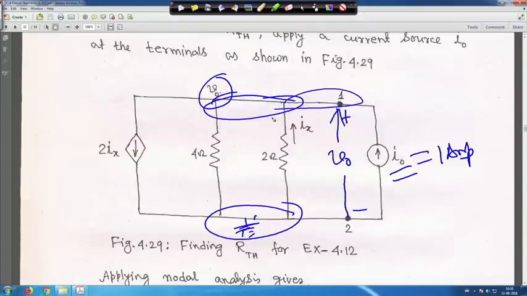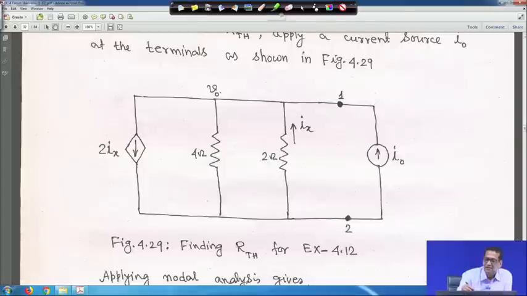Therefore you apply KCL. For example, the current flowing through this, in this direction, is V0 by 4. Here this Ix is upward, but let me clear it and make it again.